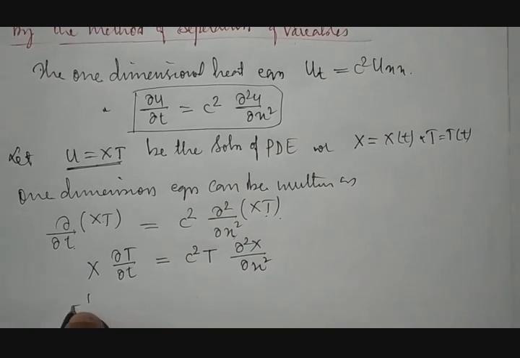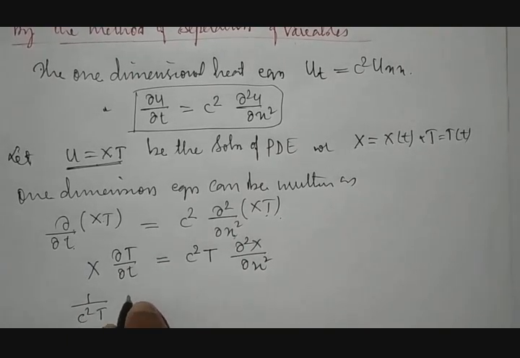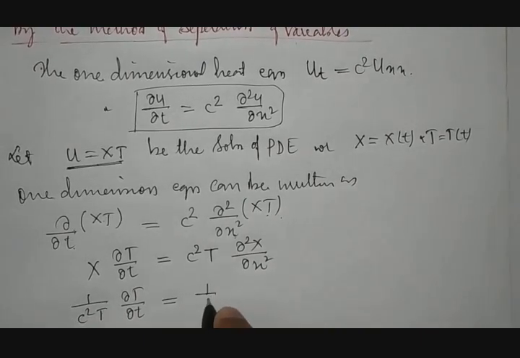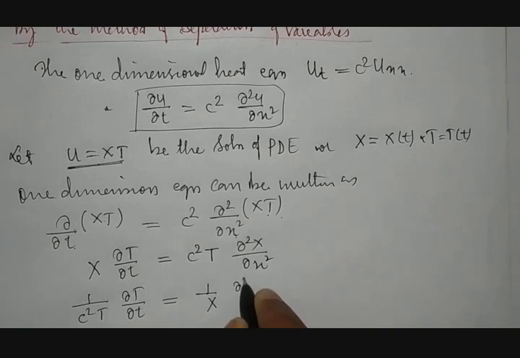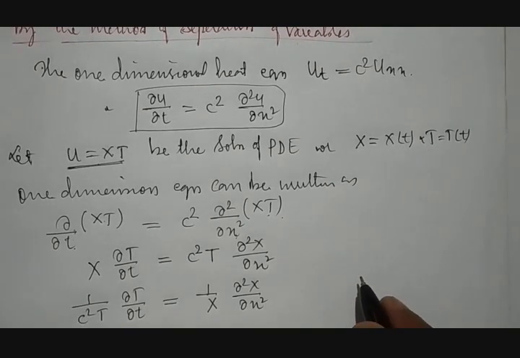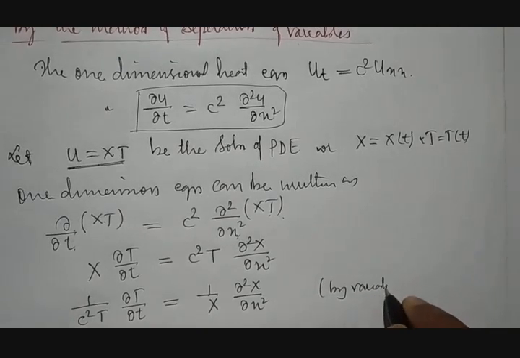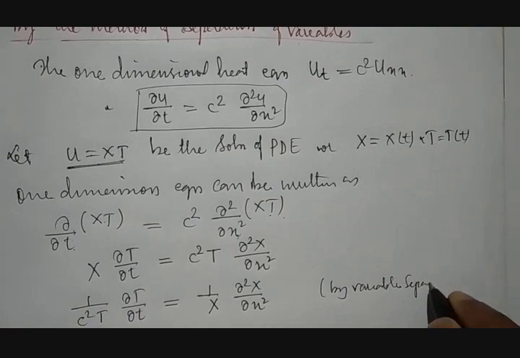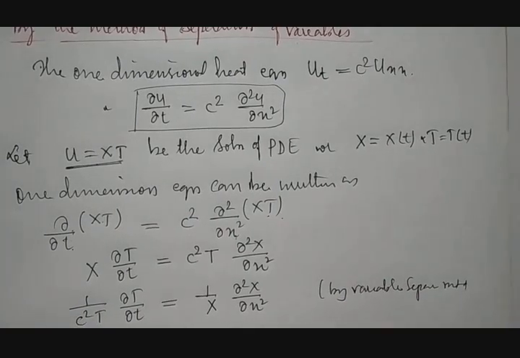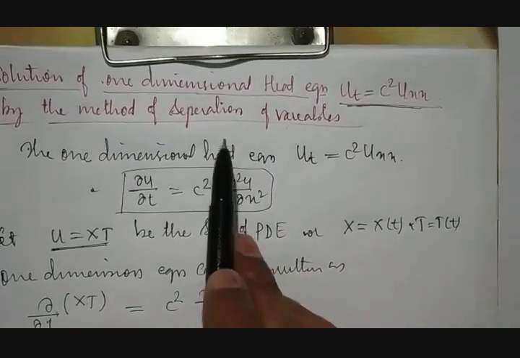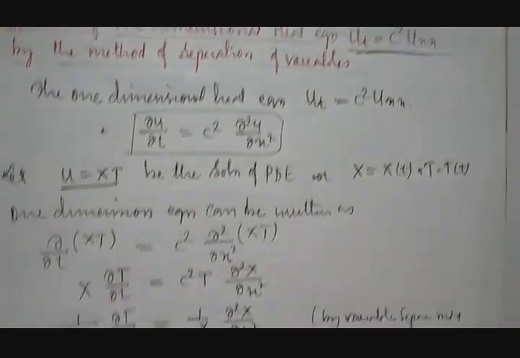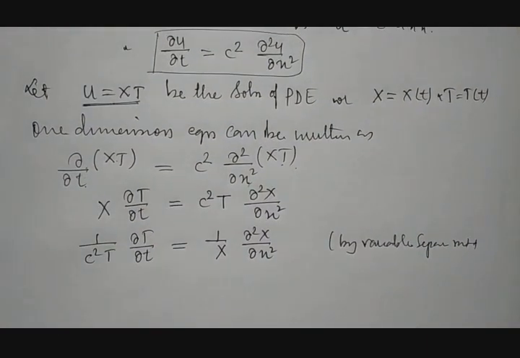Therefore, it becomes 1/(c² T) ∂T/∂t = 1/X ∂²X/∂x². Fine. This is after the variable separable method. That itself is given in the title. Fine. Means variables are separated.